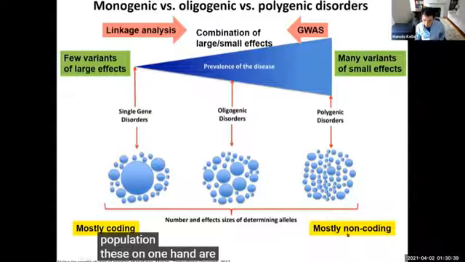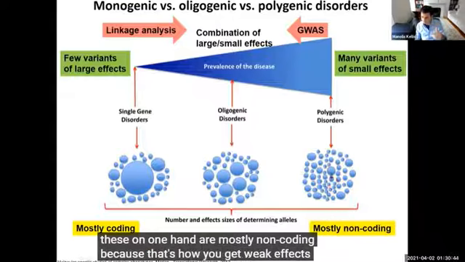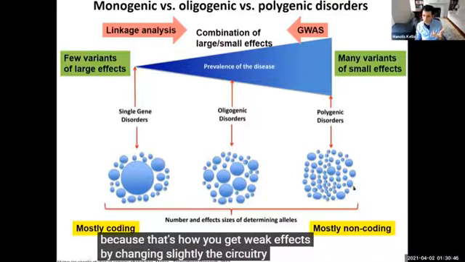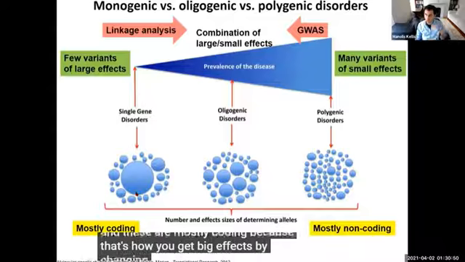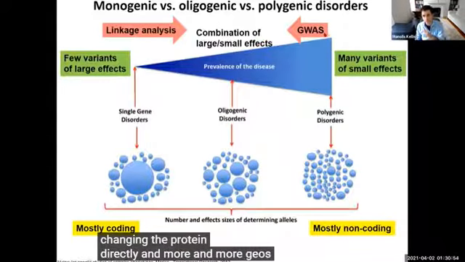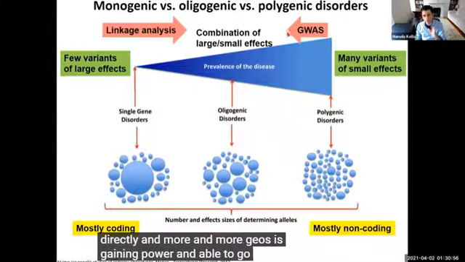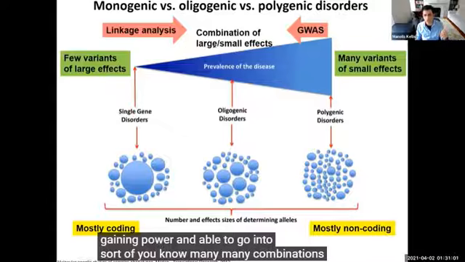These on one hand are mostly non-coding because that's how you get weak effects, by changing slightly the circuitry. And these are mostly coding because that's how you get big effects, by changing the protein directly. And more GWAS is gaining power and able to go into sort of many, many combinations of effects.